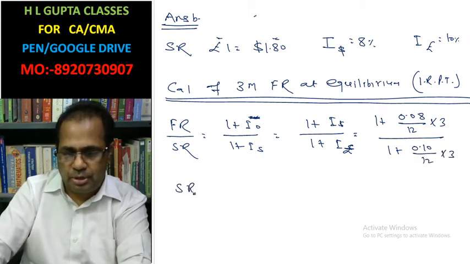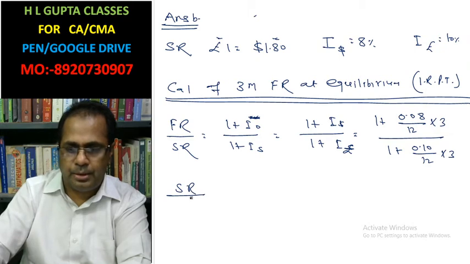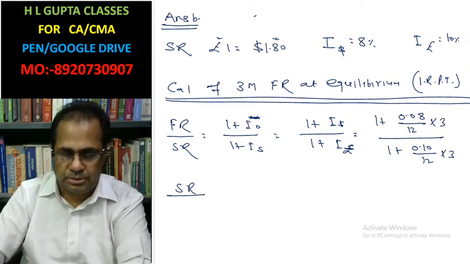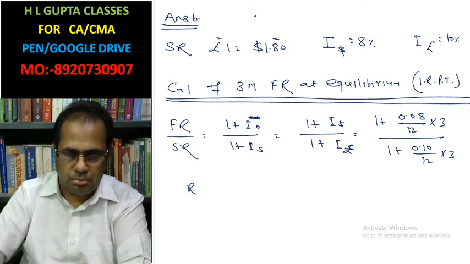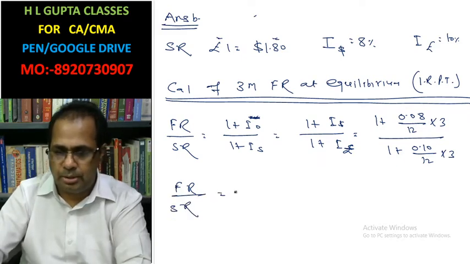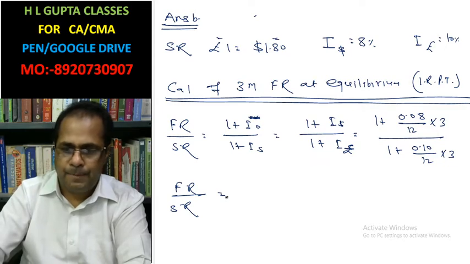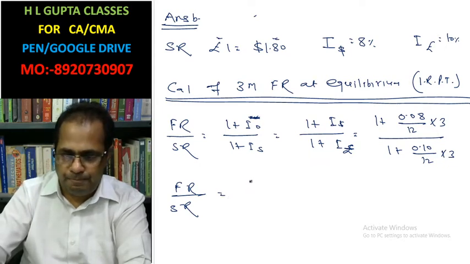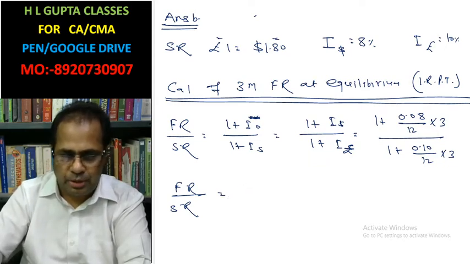That is the spot rate. This you have to find: the forward rate upon the spot rate, whole divided by the interest ratio. The spot rate is already given.